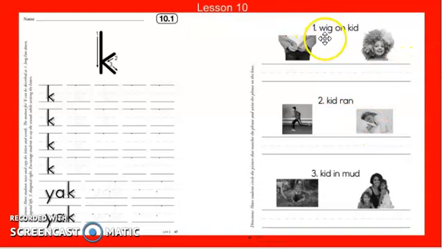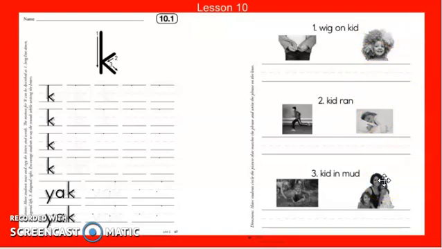The first one is wig. So that's wig on. So wig on. Kid. Wig on kid. Then you will write those three words right here, and then you'll sound these out and write it under the correct picture.